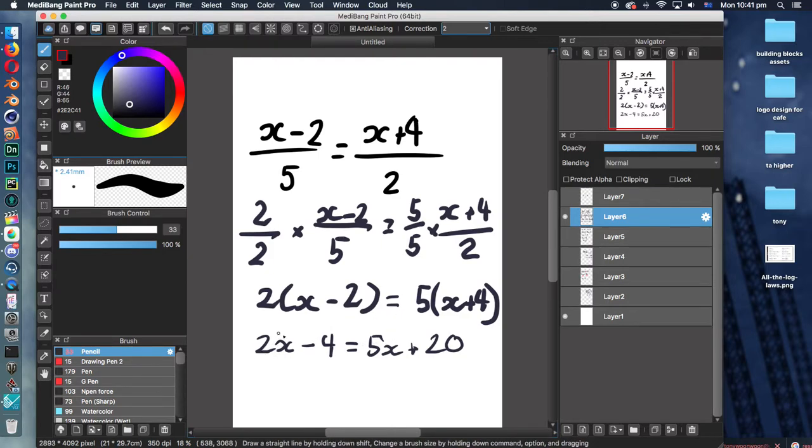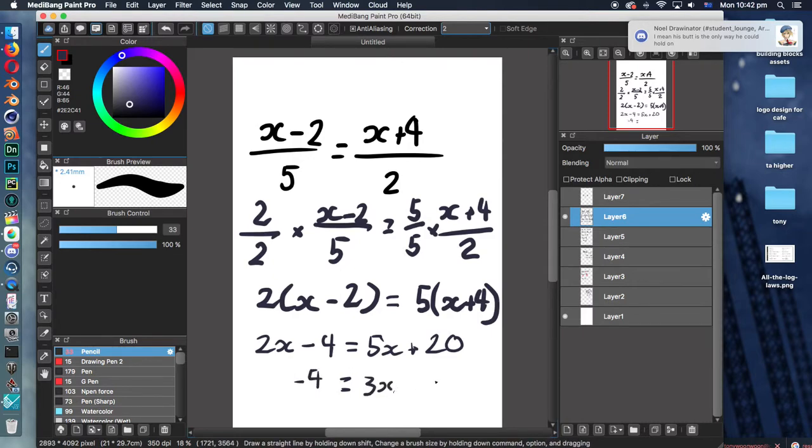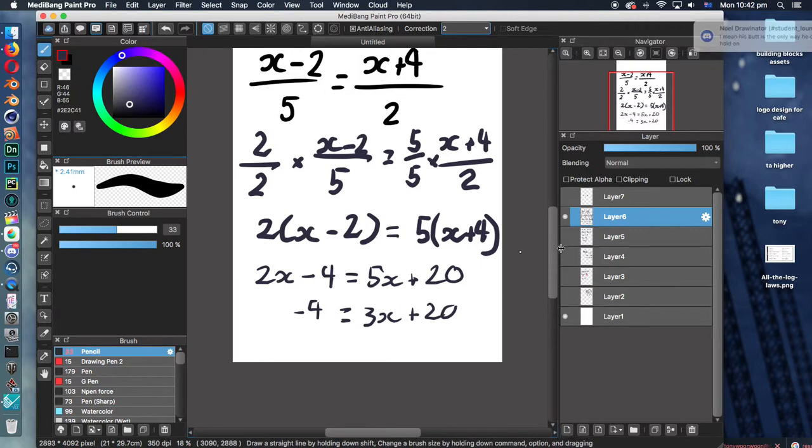So I'm going to minus it here so I don't get negative x. Alright, and then we can easily flip the equation, so it'll be negative 4 to 3x plus 20, and then from there we can actually flip the equation.